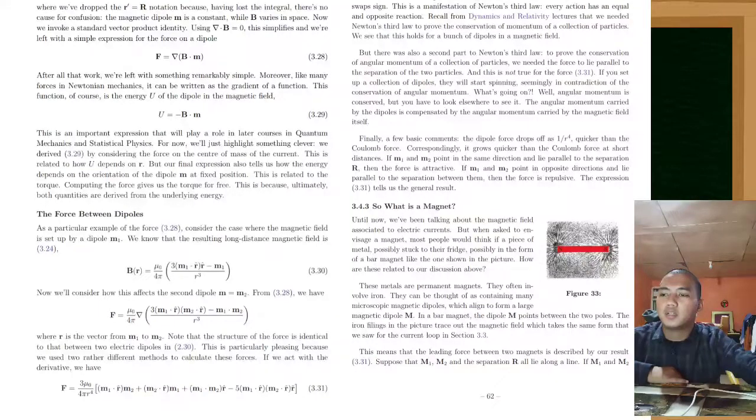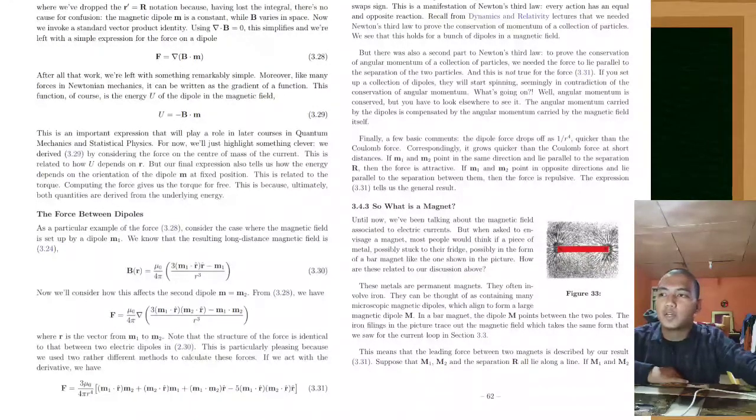But there was also a second part to Newton's third law. To prove the conservation of angular momentum of a collection of particles, we needed the force to lie parallel to the separation of the two particles. And this is not true for the force 3.31.